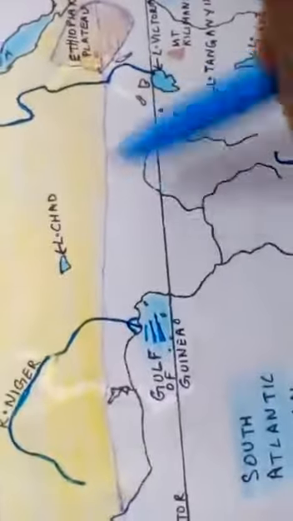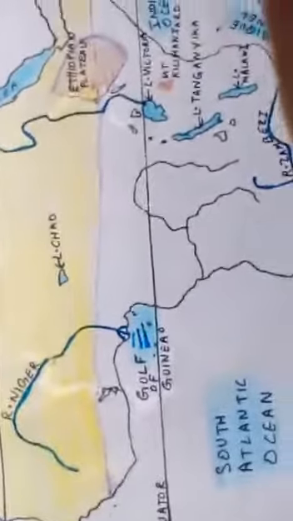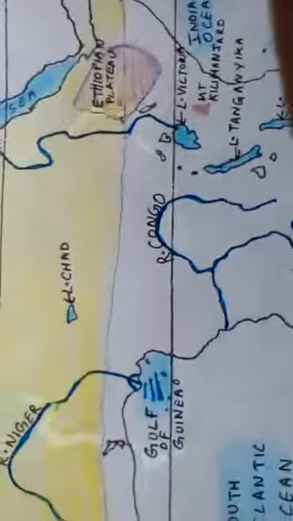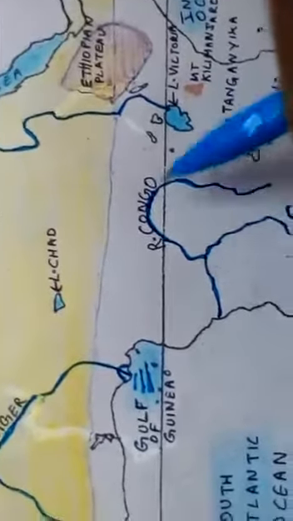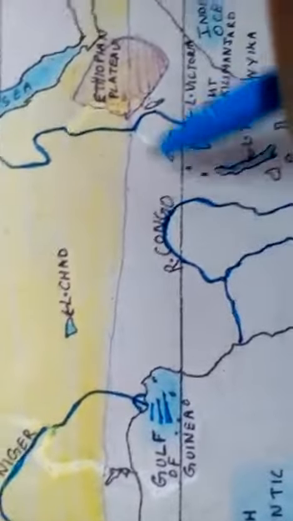And now we'll be shading the course of the river Zaire, that is the Congo River, and then we'll be marking it properly. We will neatly shade the course of the river and write River Congo on top of it very neatly.